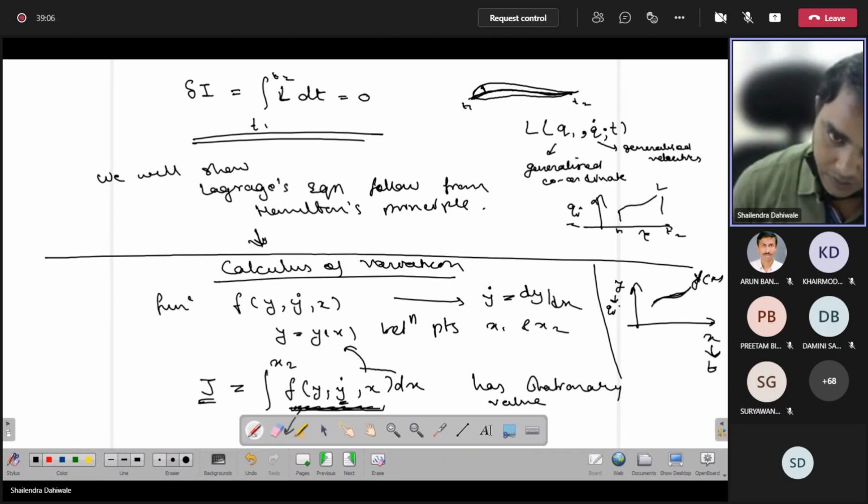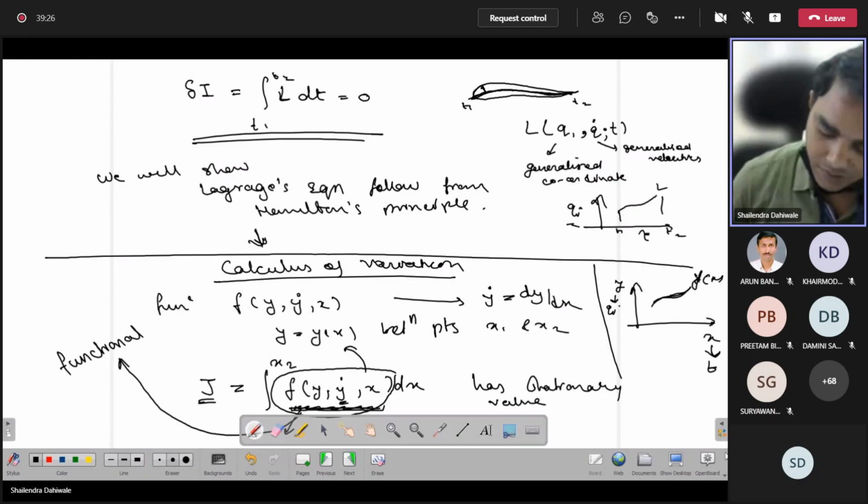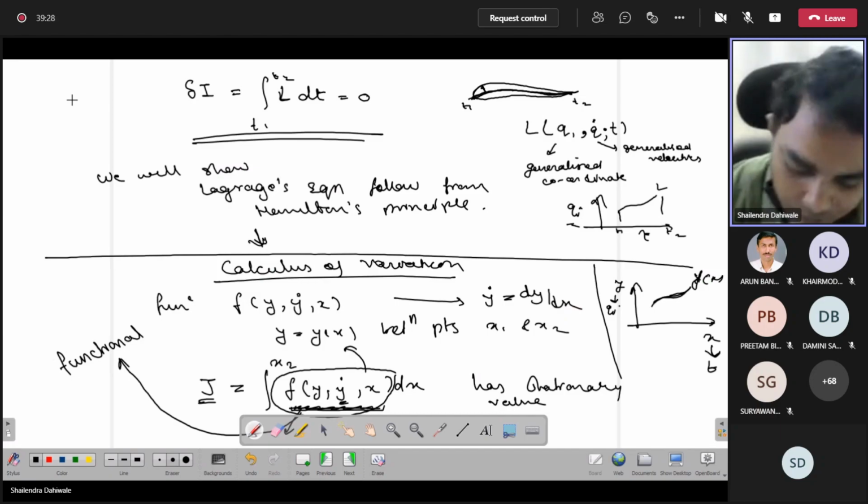Okay, this is called a functional, not a function, because again this f depends on y of x.